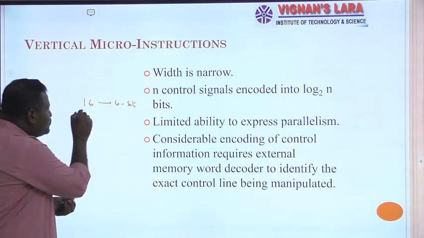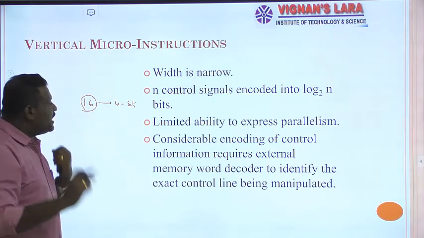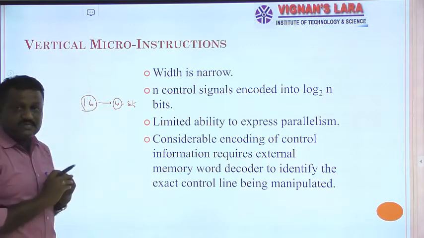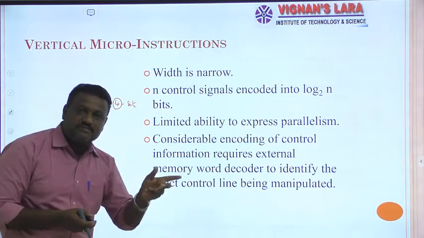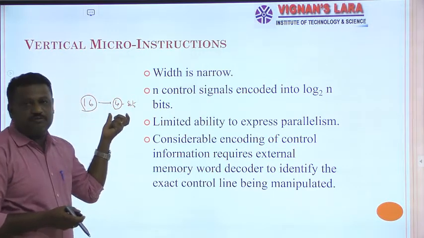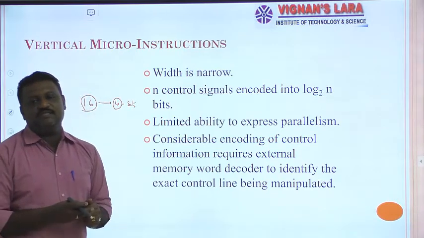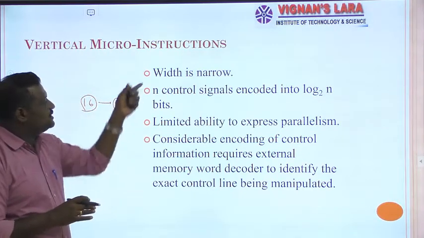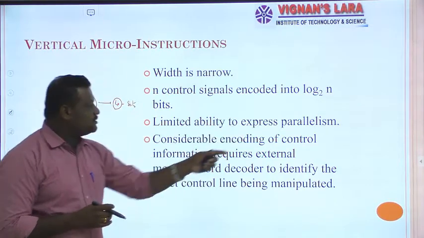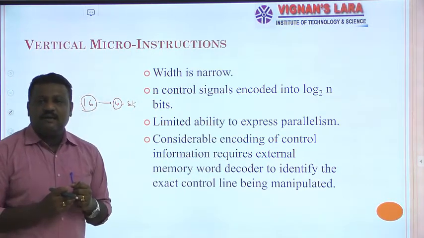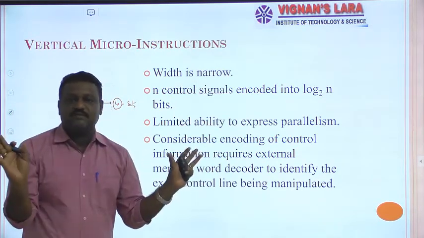So instead of using 16 bits, one bit for each control signal, here I am going to use only 4 bits. That means I generate my 16 control signals only with the help of 4 binary bits. Due to this, the width of my micro instruction is less. That is the meaning of the first point. The second one is limited ability to express parallelism. Absolutely. Why? Because each bit combination refers to one control signal generation.